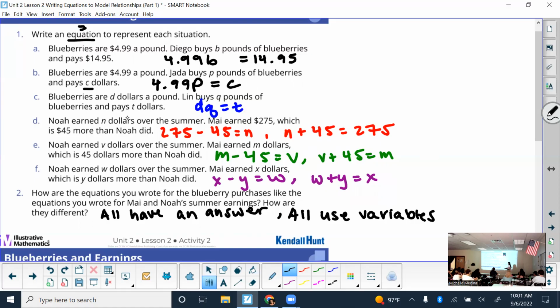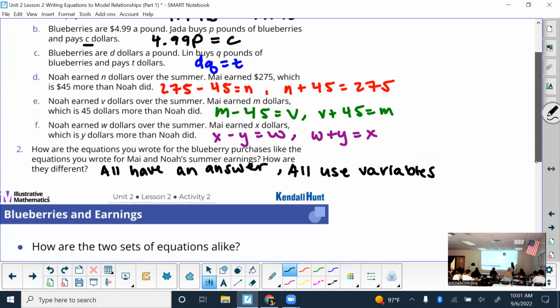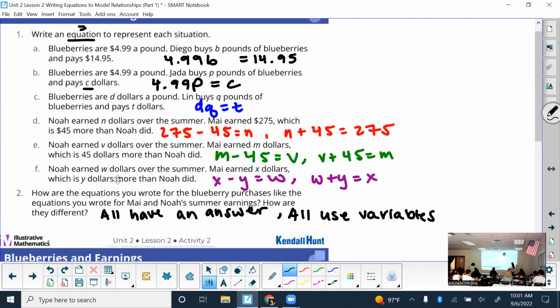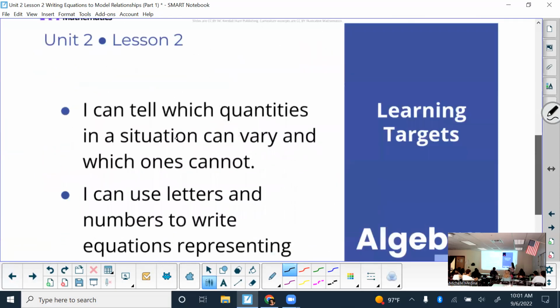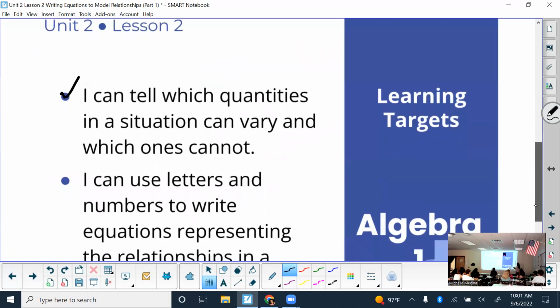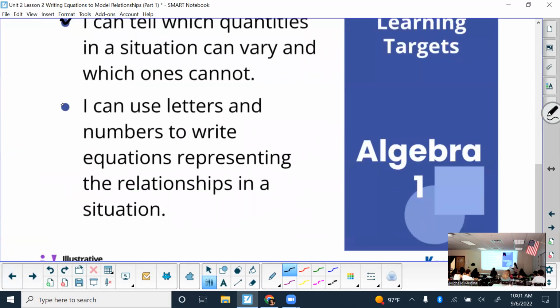So if we go back to our learning target: if you can tell which quantities in a situation can vary and which ones cannot, which actually will be the pull down, then you'll be successful. And then using letters and numbers to write equations representing situations, or representing relationships.